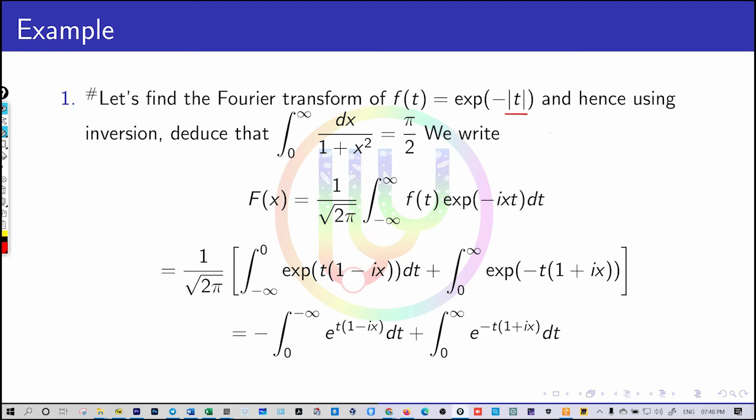So mod t ൻ്റെ പറ്റി എന്താണ്? Mod t is minus t when t less than 0, and t for t greater than 0. Therefore we can split the integral into two parts, minus infinity to 0 plus 0 to infinity. Okay, minus infinity to 0, the mod t will become minus t.